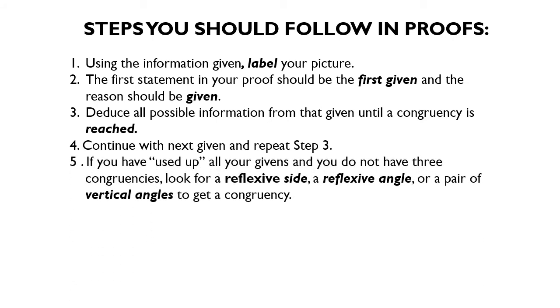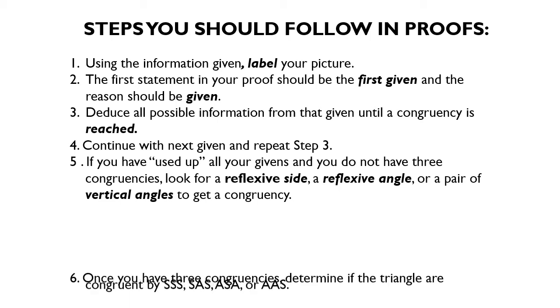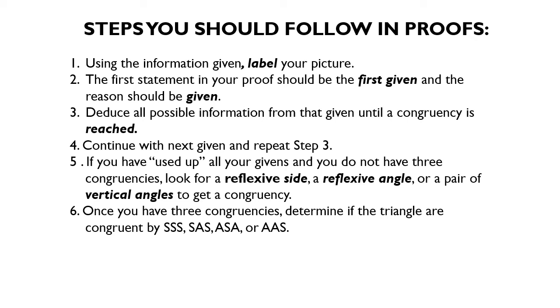And then, if you use up all your givens and you do not have 3 congruencies, look for a reflexive side, a reflexive angle, or a pair of vertical angles to get a congruency. You can go back to the steps if you are confused in our examples later on. Once you have 3 congruencies, determine if the triangles are congruent by SSS, SAS, ASA, or AAS.